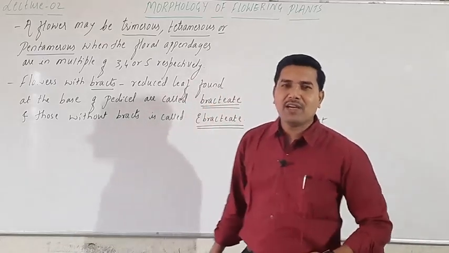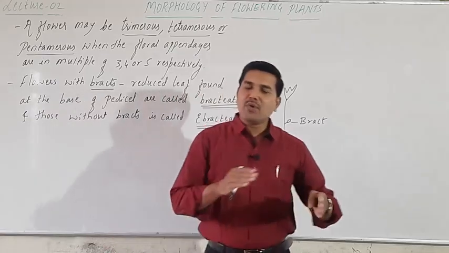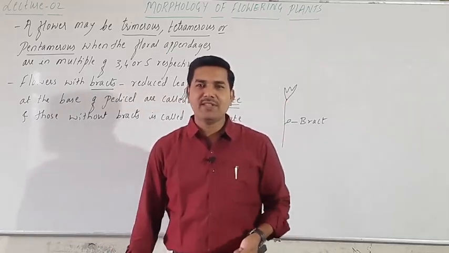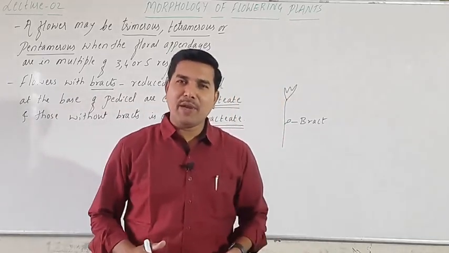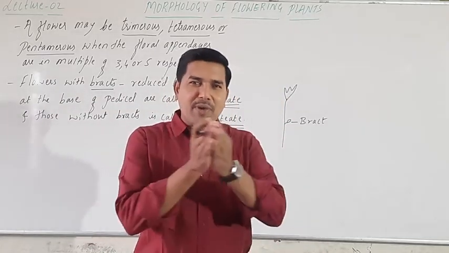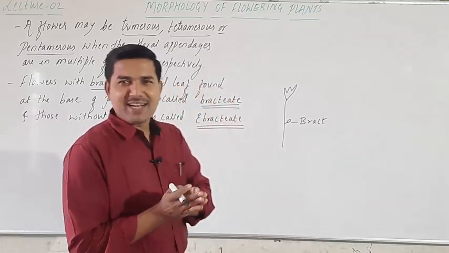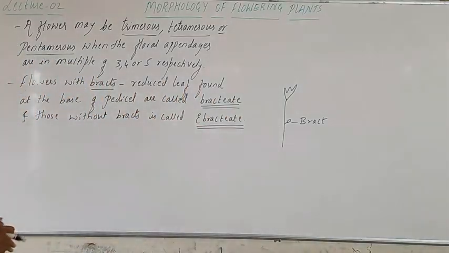Then along with that, we have three more definitions based on the position of floral appendages. The flower may be hypogynous, perigynous and epigynous. So, let us come to these technical terms also. So, let us look at these terms. Okay. So, we are moving on into the next point.